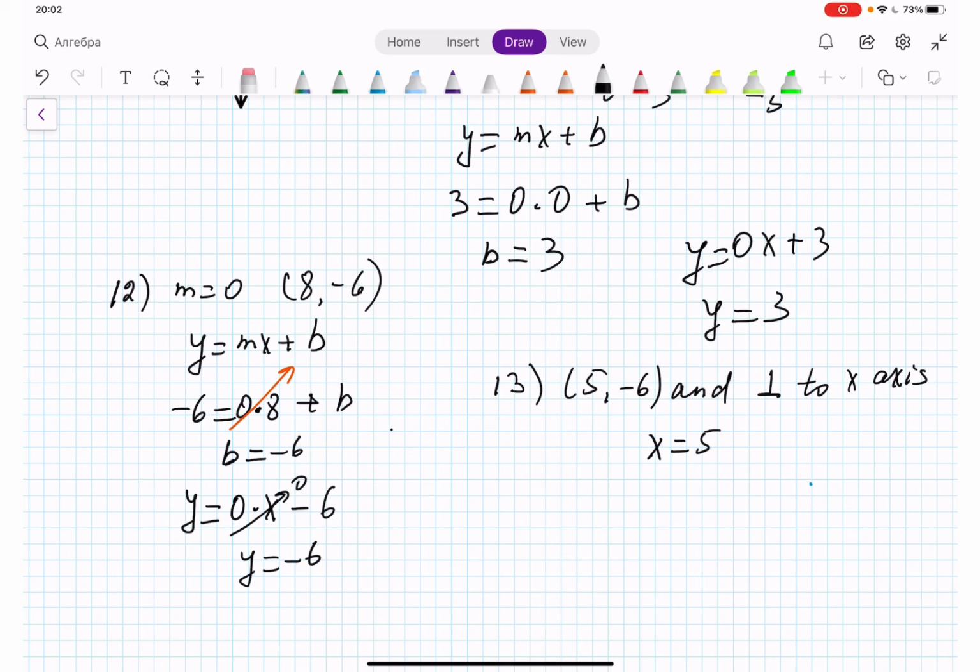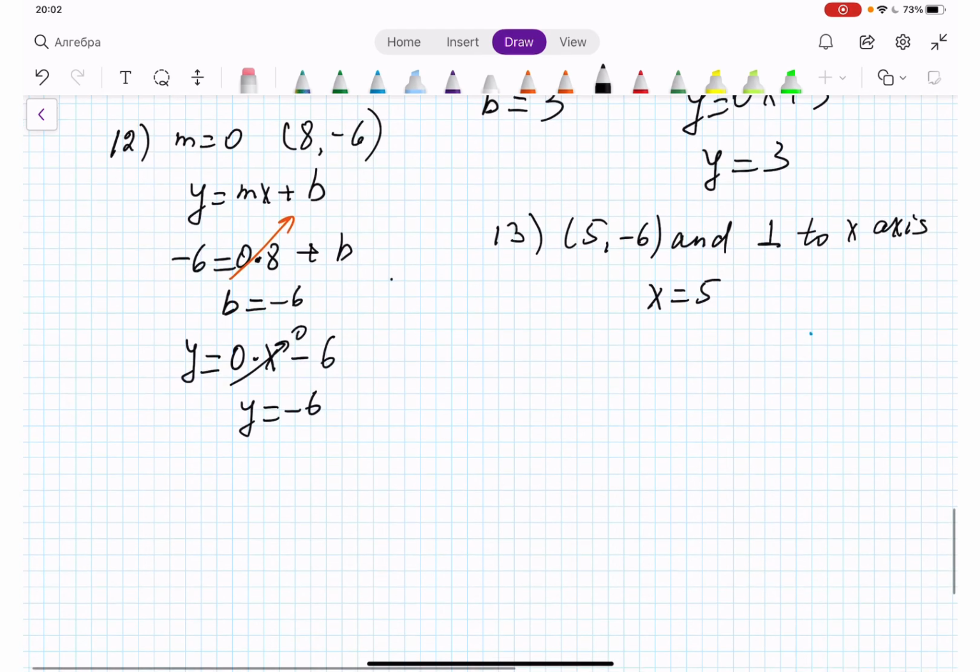Okay, next one, number 14. So we need to find the equation that goes through the point (0, 2) and is parallel to y is equal 1/3 of x plus 7.